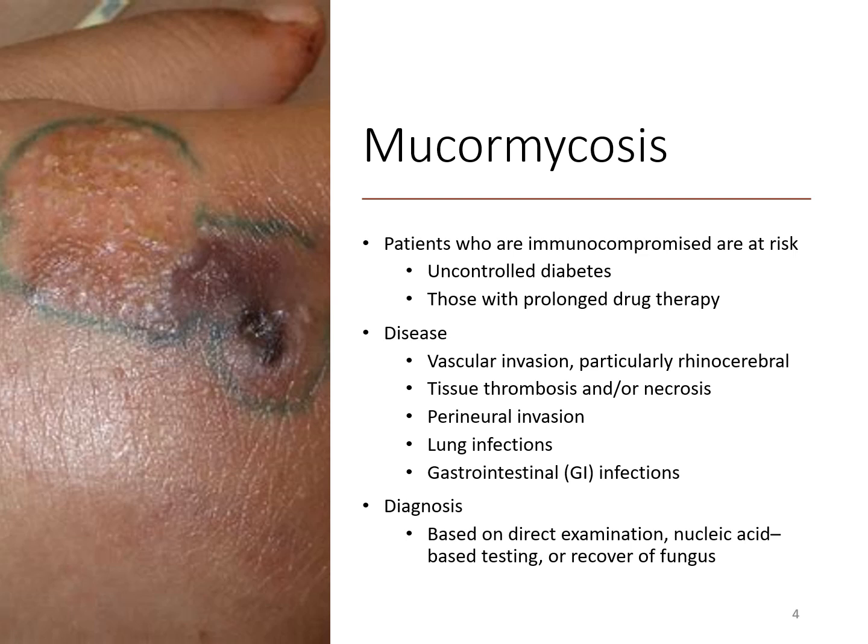It could cause some sort of tissue thrombosis or necrosis, and you can see that here in this image where the tissue surrounding the injury is starting to decay a little bit. Also lung infections and GI infections. Diagnosis is based on direct examination, nucleic acid testing such as PCR, or recovery of the actual fungus itself through culture.